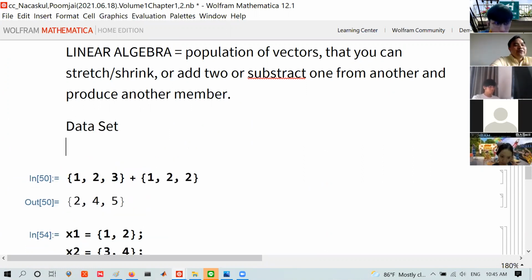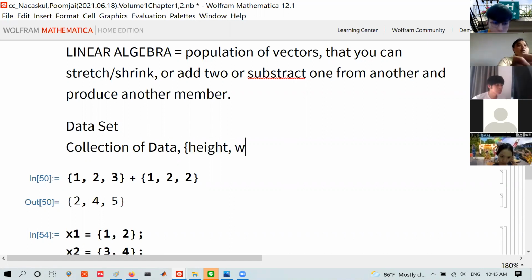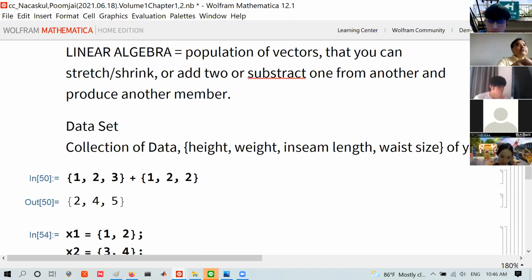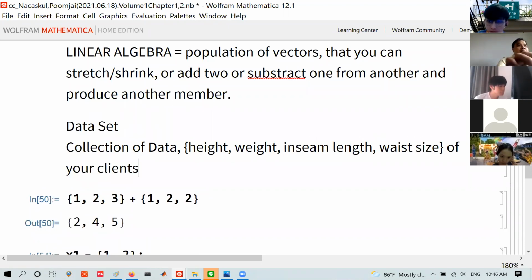So if you have a collection of data in the form of height, weight, inseam length, and size of your client or customer, what do you have?